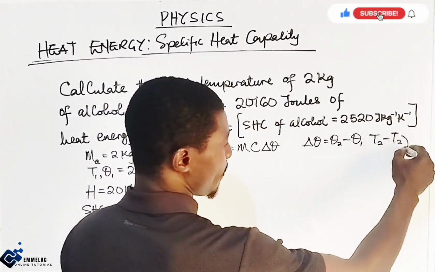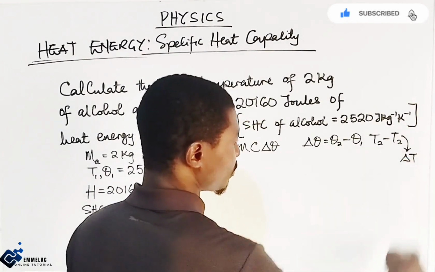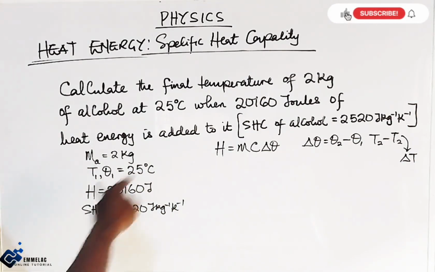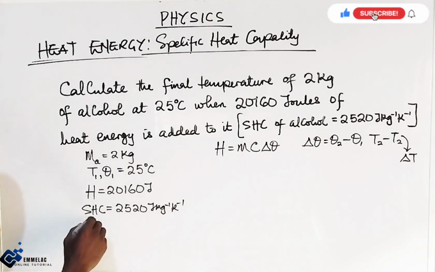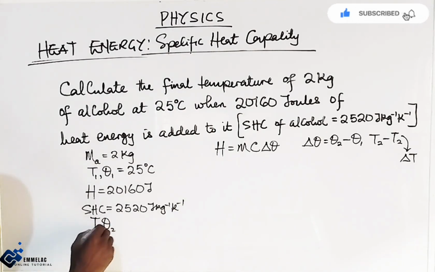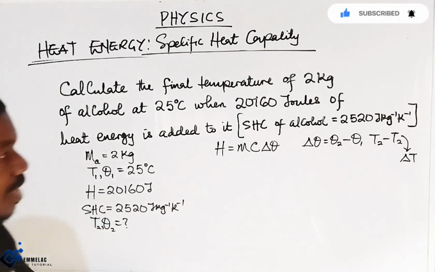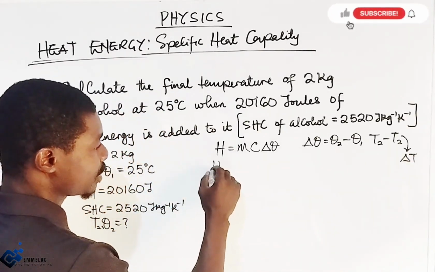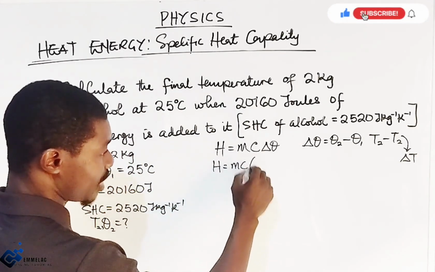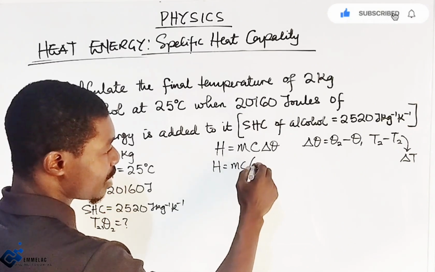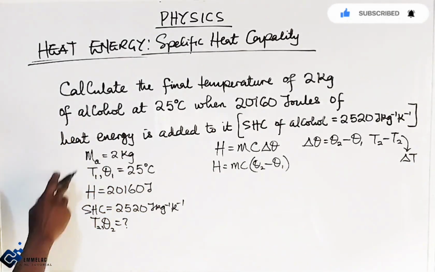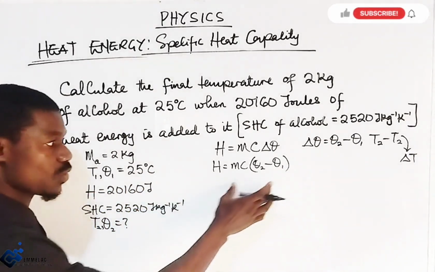We are told to find the final temperature, which means either T2 or theta2 is what we're looking for. Writing this formula, we have that H equals MC, then in parentheses, T2 minus T1.